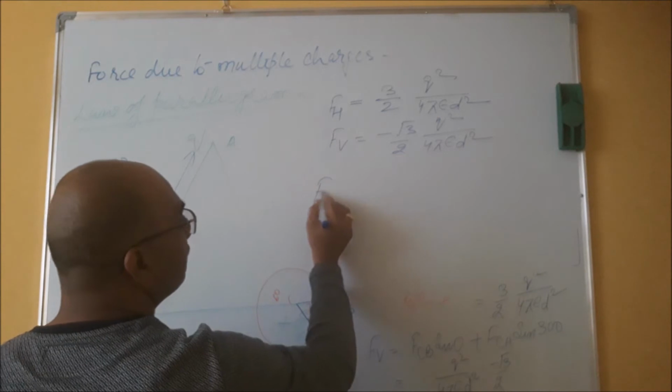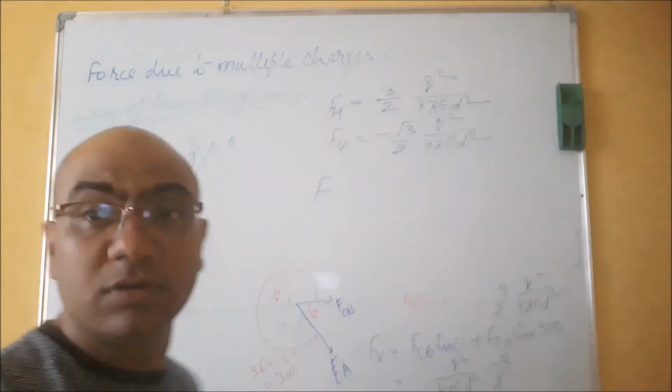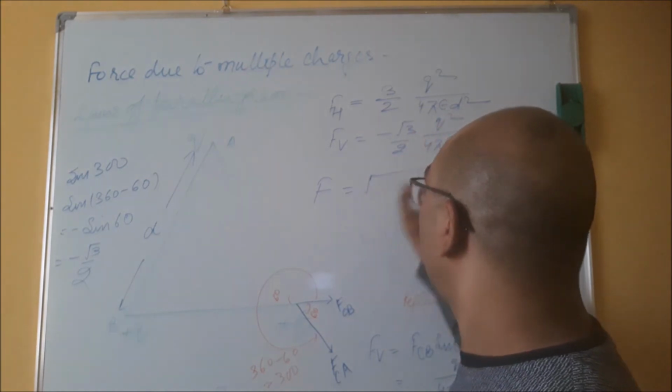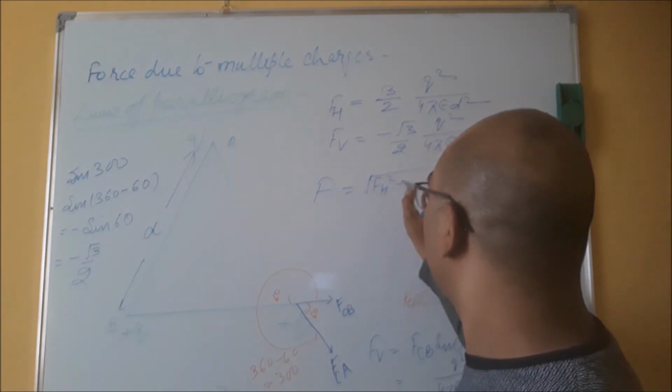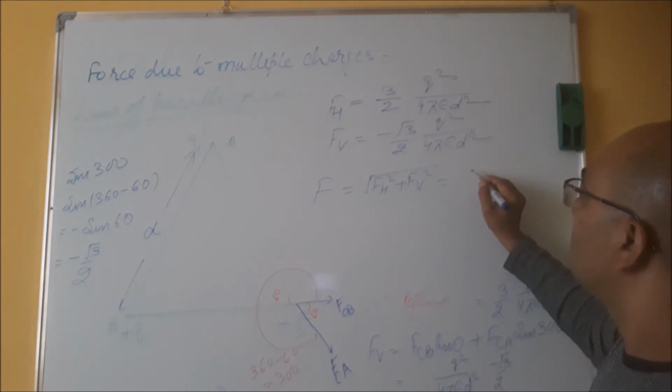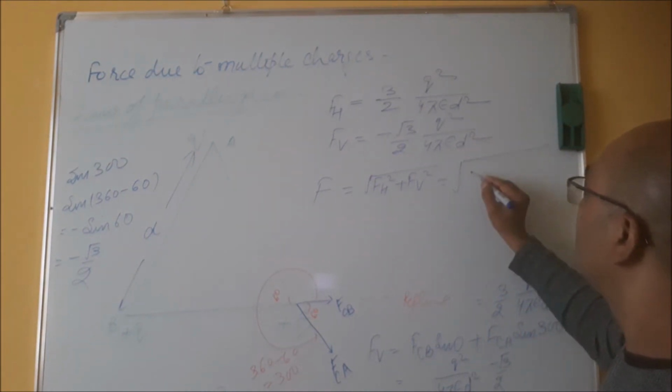So what is the final value of the force? The final value of the force will be under root FH square plus FV square. Solve this. When you solve this, what will you get inside?